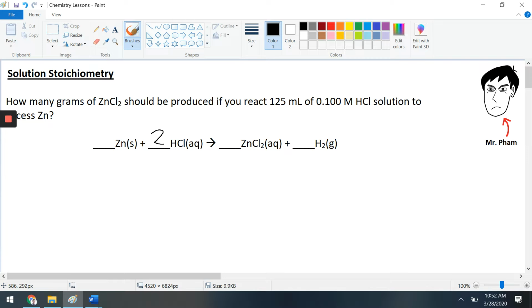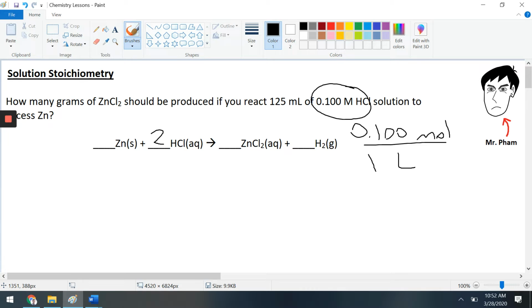Okay, cool. All right, so where do we start first? Looks like you have a 0.100 molar HCl. Okay, so remember from last week, 0.100 molar means, write this down, for every 1 liter of hydrochloric acid, you have 0.100 moles of HCl.